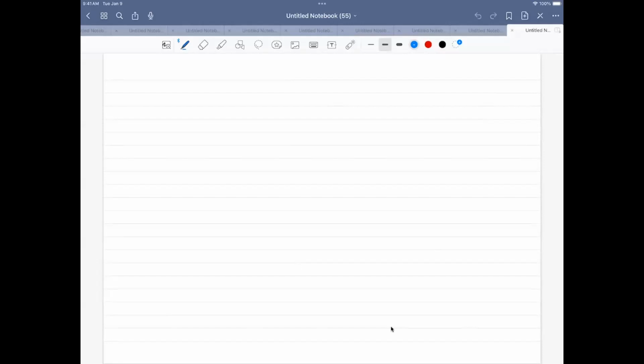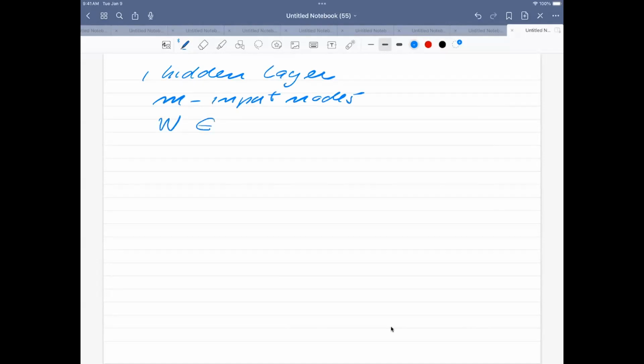So if we now look at what we have defined. Suppose now we look at one hidden layer only. Let's take that one first. And then we have now defined m input nodes. So that means that the weight matrix is now going to be a matrix of dimensionality m times n.